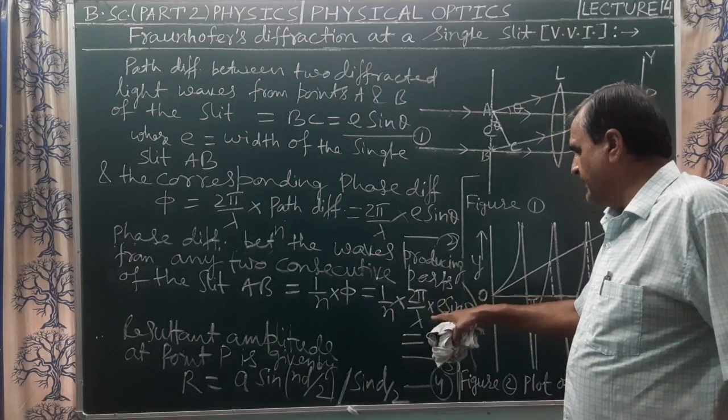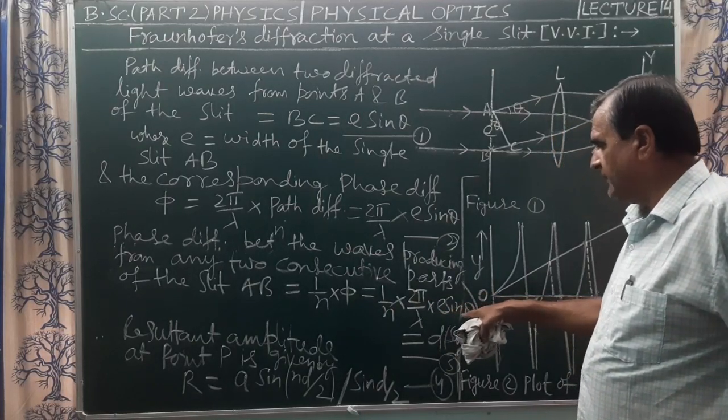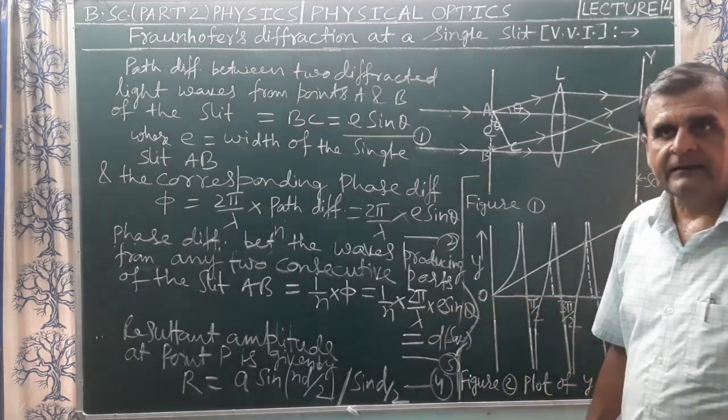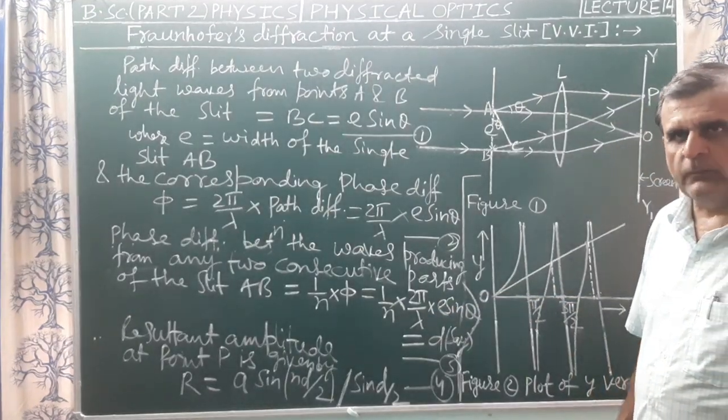So let us suppose pi by lambda into e sin theta to be alpha.